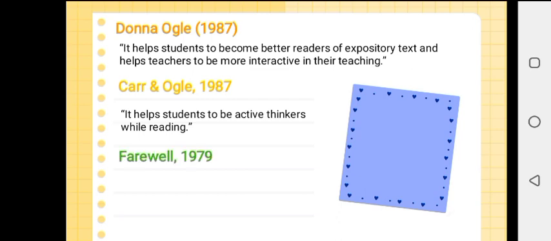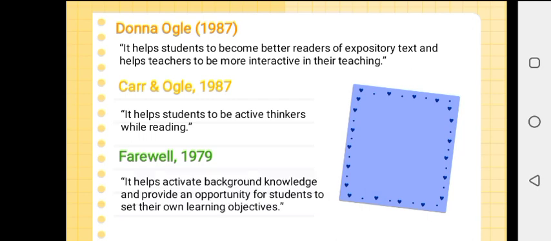Next, we also have Flavell in 1979. He said that it helps activate background knowledge and provides an opportunity for students to set their own learning objectives.